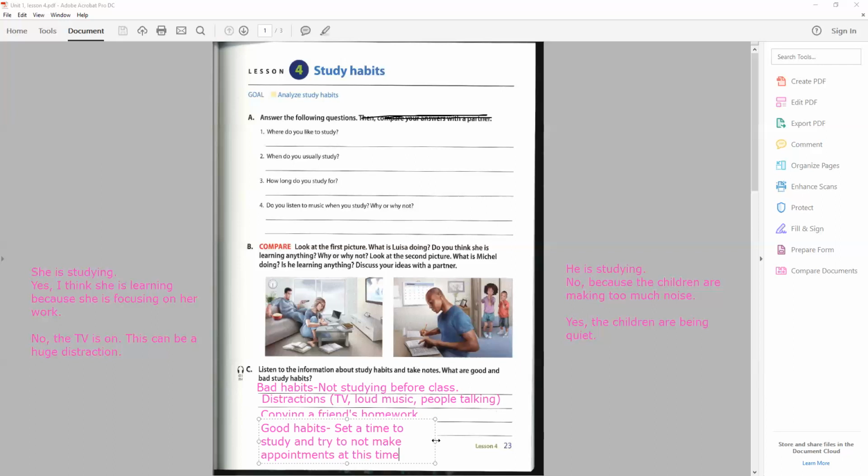Essentially, find a time of day that works best for you to study and try not to change that. Let's say you study every Monday and Wednesday at 5 o'clock, 5 to 6:30. Or Monday, Wednesday, Friday, 5 to 6:30. It is setting a time to study.